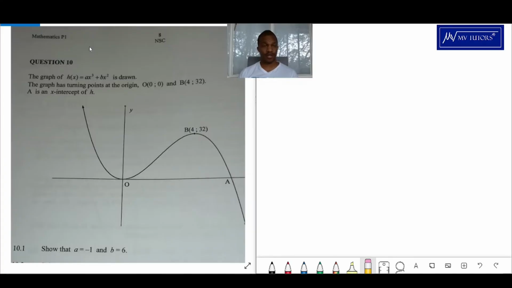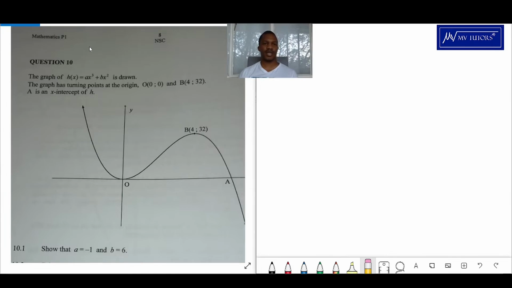So we're in question number 10 now. So it says the graph of h of x is given by ax cubed plus bx squared is drawn. The graph has a turning point at the origin and the point 4 and 32.